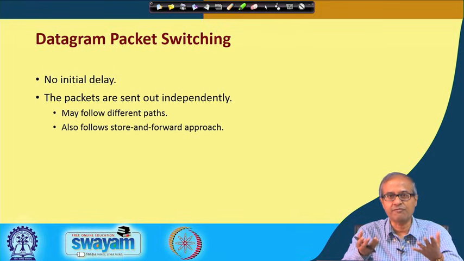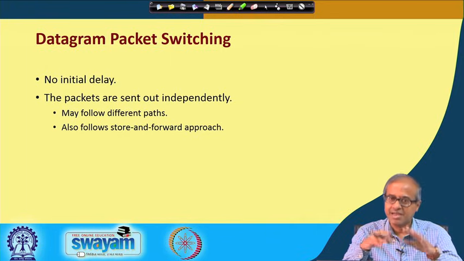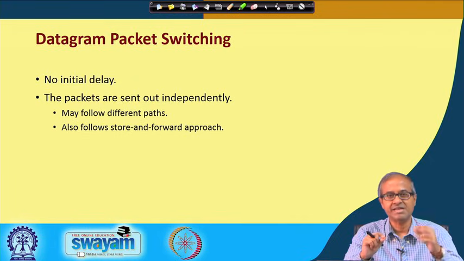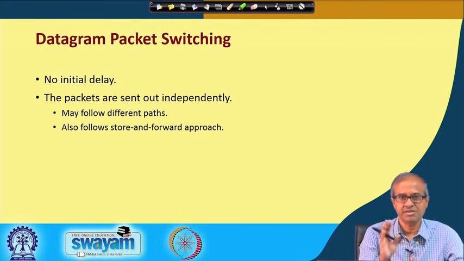But here you have a lot of flexibility. You can share the links. If there are some link failures, link congestion, you can overcome those problems. So, those flexibilities are there, and because of that, this datagram approach is the most widely used approach in the internet today.